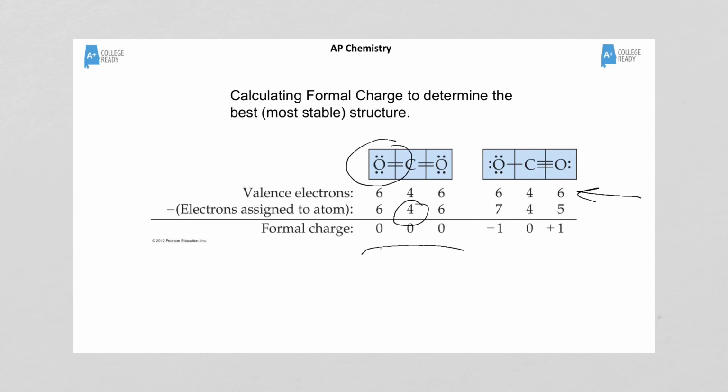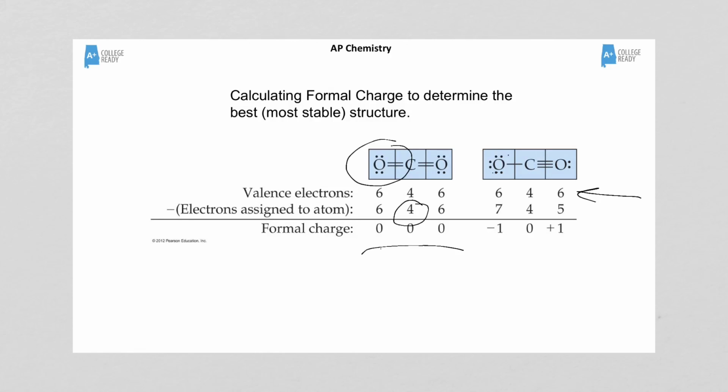So we can tell these zeros are telling us this is a very stable structure. Now on this other side, we have 6, 4, 6 for the valence electrons, but notice this oxygen has 6 electrons coming from those lone pairs plus that bond, so that's where that 7th electron is coming from. So 6 minus 7 is -1. The carbon is the same in the middle since it still has 4 bonds.